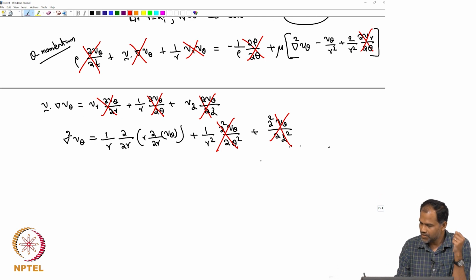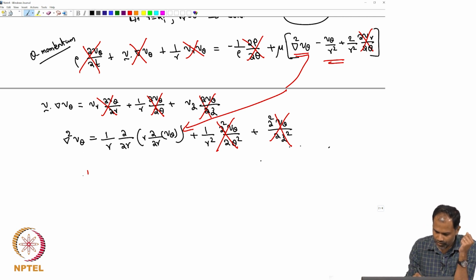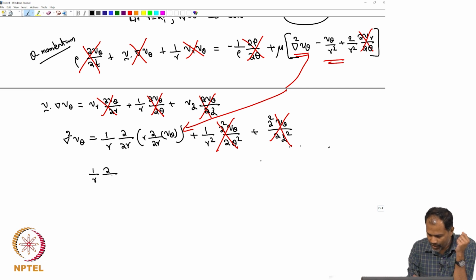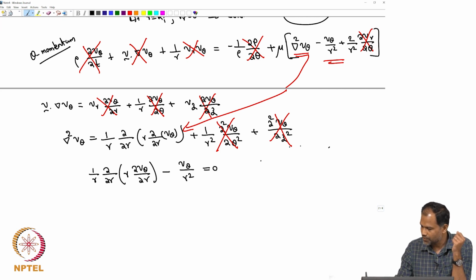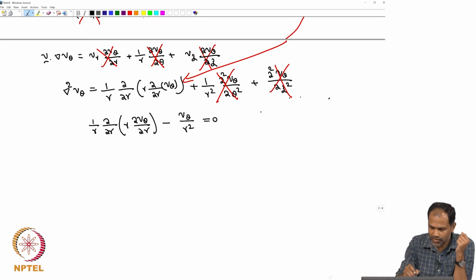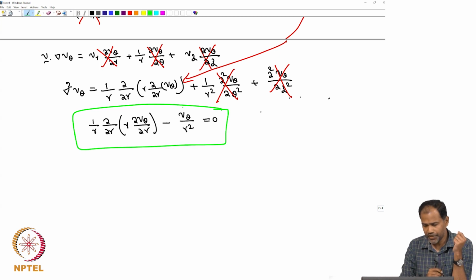So, we end up with this quantity: 1 over r del by del r of r del v theta by del r minus v theta by r square is equal to 0. So, that is what the theta momentum equation reduced to.